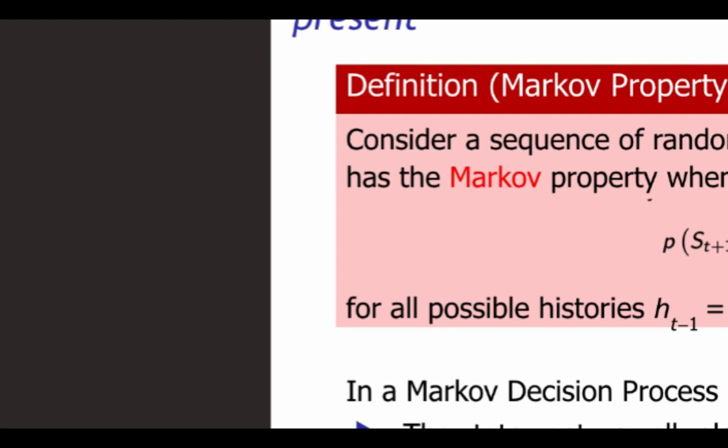This is what we call the Markov decision process, or Markov property in general. So from the S at T perspective, once you know the state, you may throw the history away.